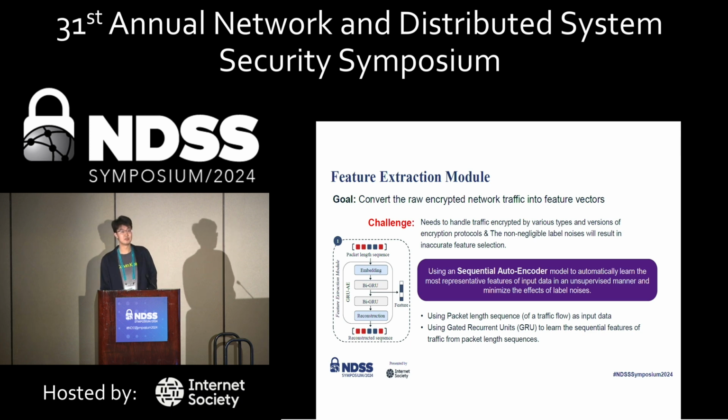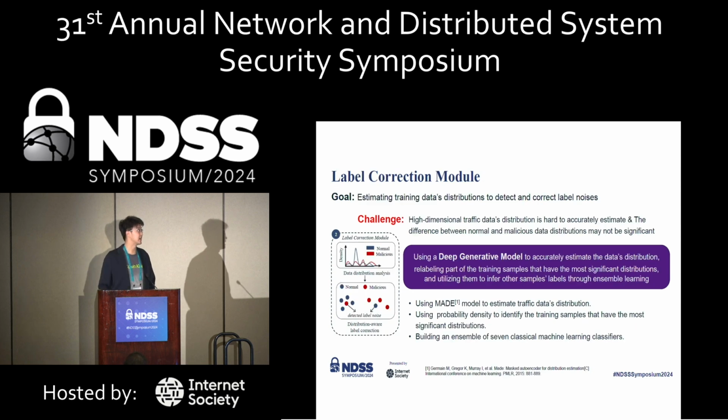Our solution is to use a sequential autoencoder model in an unsupervised manner, which can learn the most representative features as well as minimize the effects of label noise. In our design, we first use the packet length sequence, and then we use GRU as the unit of the autoencoder framework to extract the feature vectors. So we get feature vectors of all training samples as well as the testing samples, so we can do our label correction.